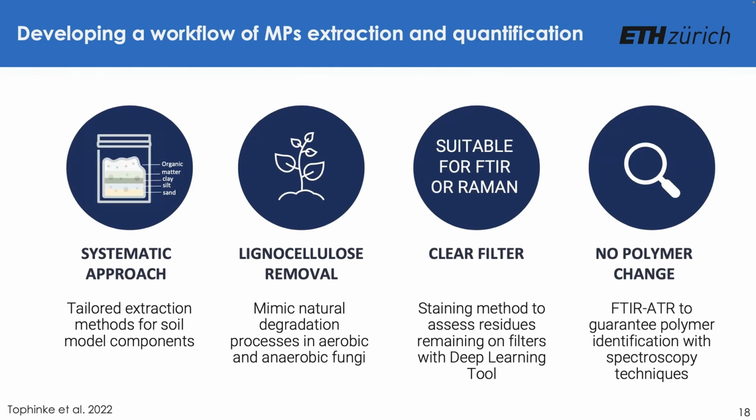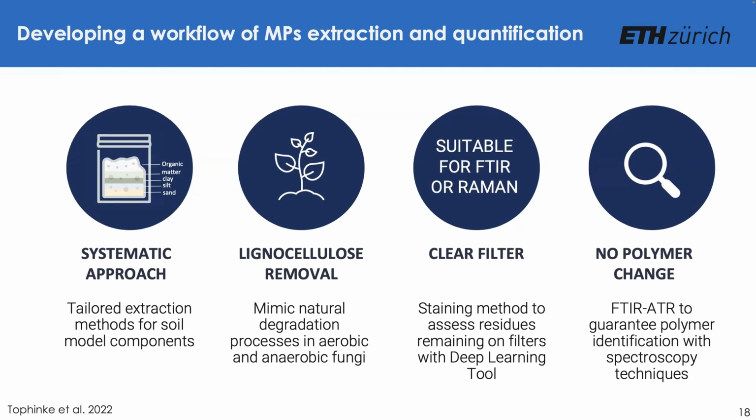So we could then do some density separation, the lignocellulose removal with the organics, and eventually we wanted to make sure that we had a clear filter, so just having the microplastics alone, and ensure that there was no changes chemically to the polymer so that we could really identify the microplastics well.